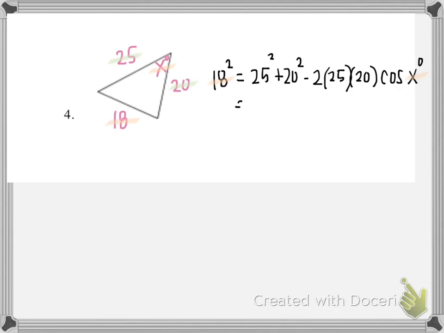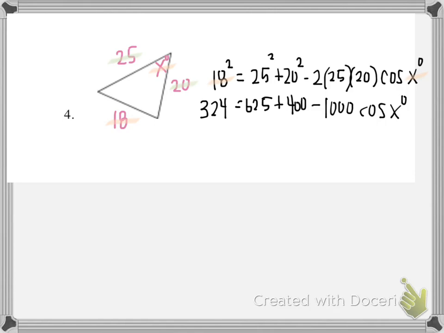So 25 squared gives you 625. 20 squared is 400. 18 squared is 324. 2 times 25 times 20 gives you 1,000.